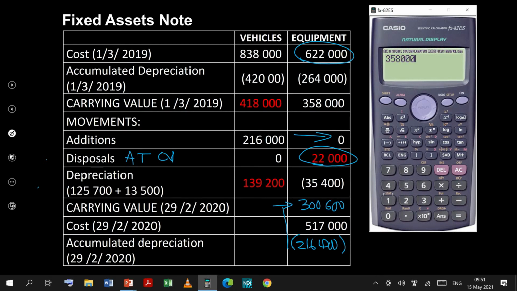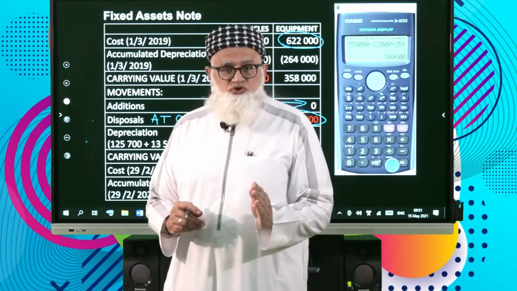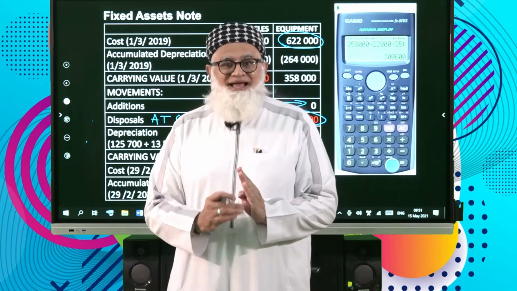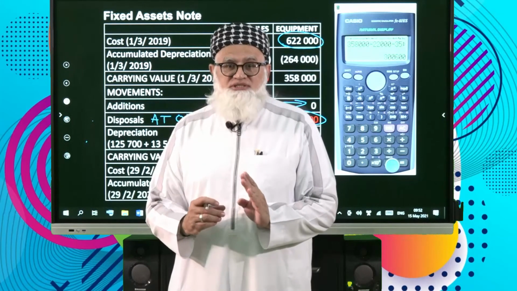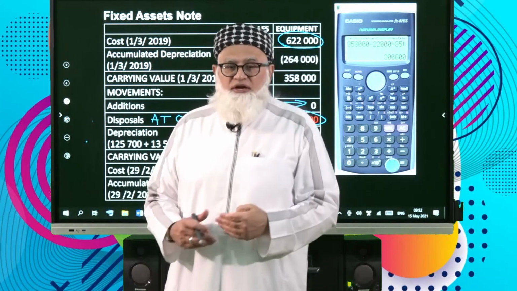We said minus the 22,000, minus your 35,400, and that gave you a figure of 300,600. Clearly you can see that in this particular example, your fixed asset note has to work out, and the check is important to verify whether you actually have the correct figures.